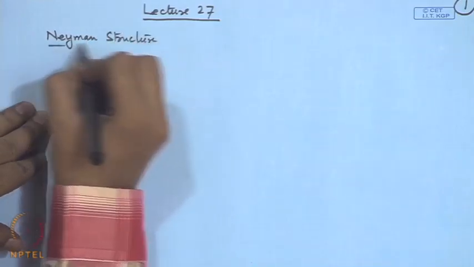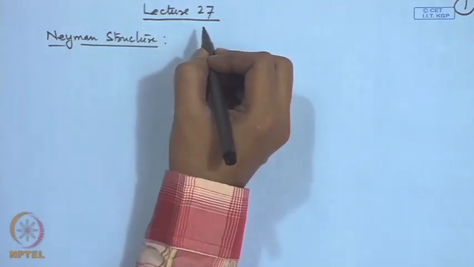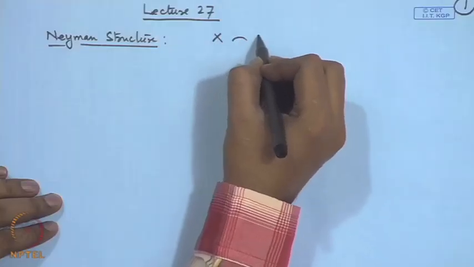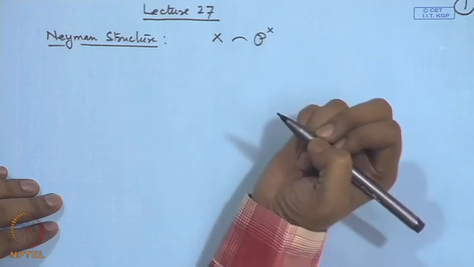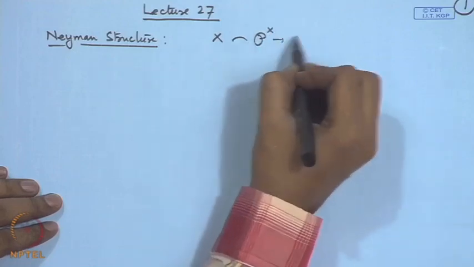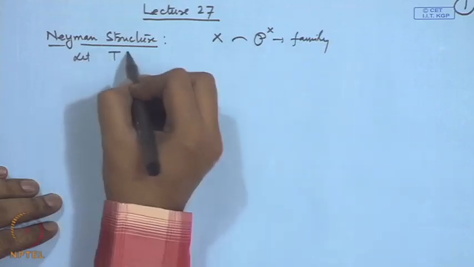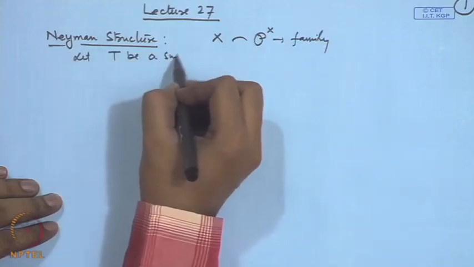What is a test with a Neyman structure? As usual we have a random variable or a random vector x which has a distribution, and we say the family of distributions is P. Let T be a sufficient statistic.